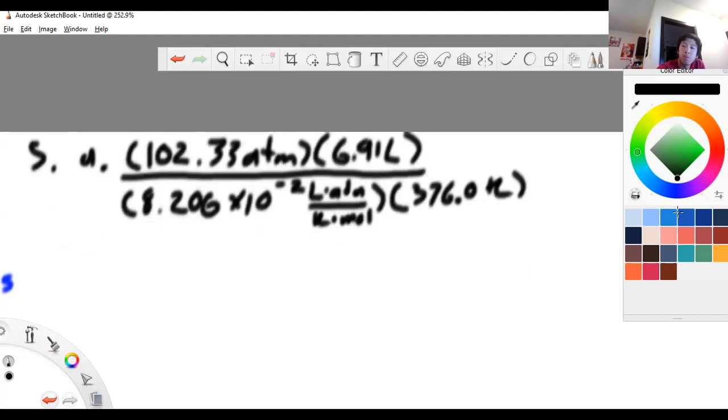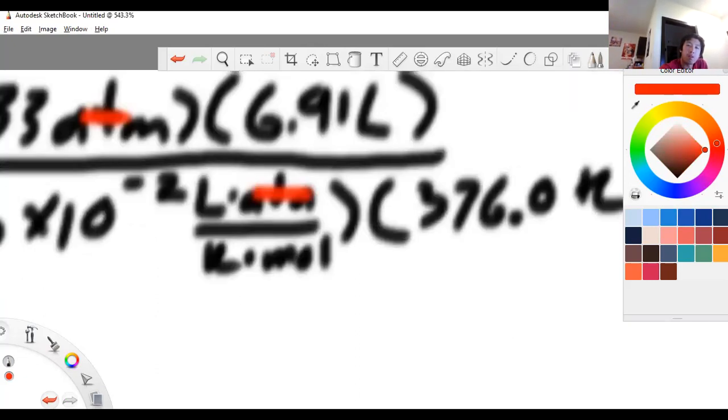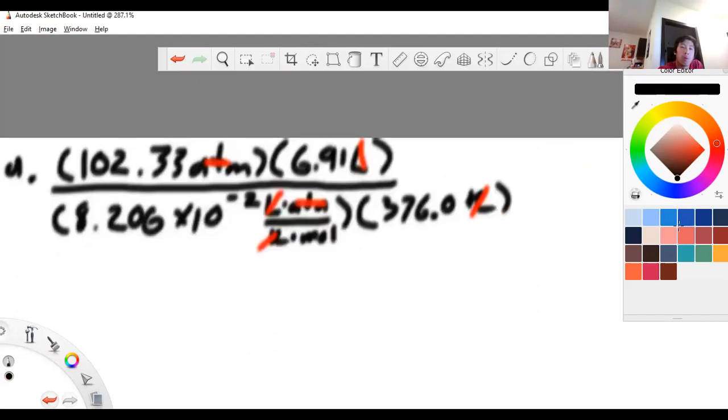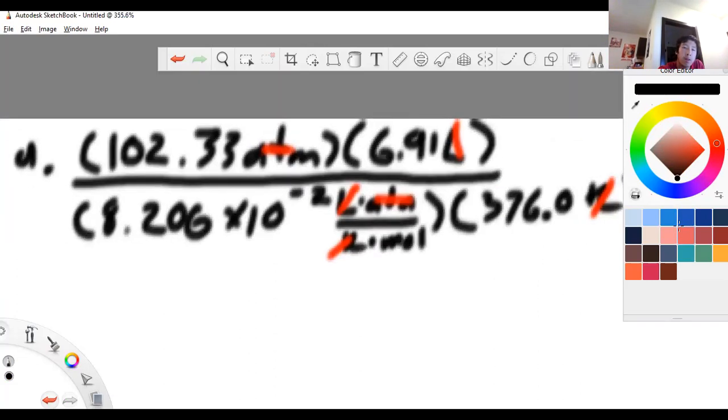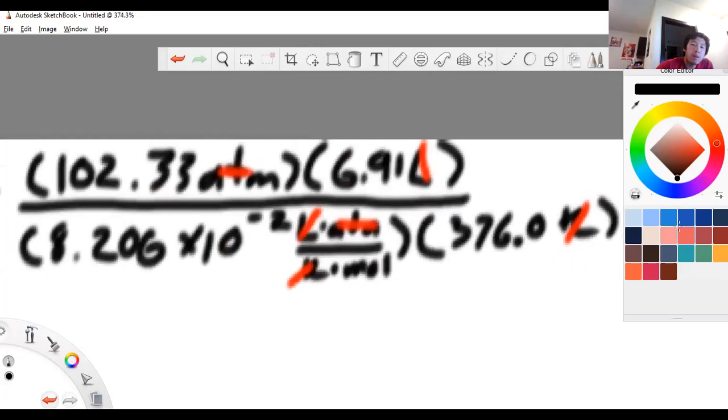So the first thing we need to do is cancel out the units and figure out what our end unit is. See atmospheres here, cross these out, liters here, cross these out, and then these two will also cross out, so we end up with moles. We have a 4 times 4, 5 on, but we have a 5 times a 3, so we're going to end up with 3 sig figs.